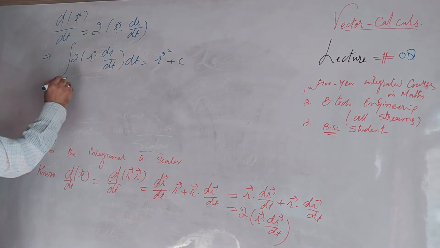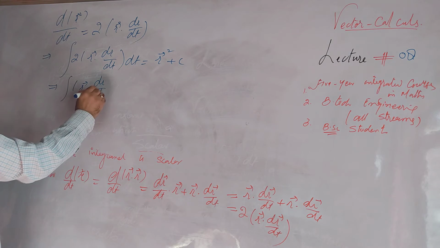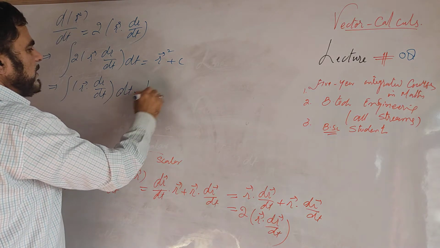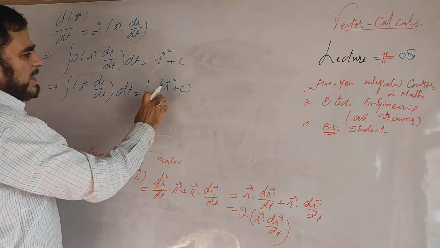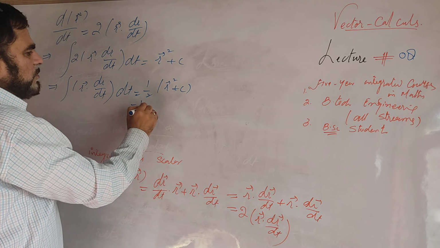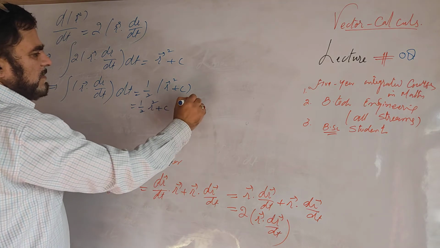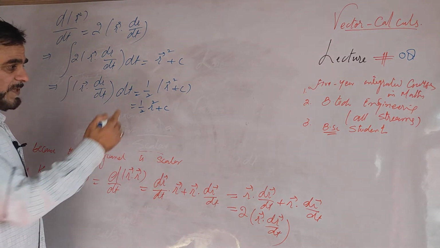So the integral of r dot dr by dt with respect to t is 1 by 2 r square plus c. You can also write it as 1 by 2 r square plus c, because it is an arbitrary constant. Now what is c here?